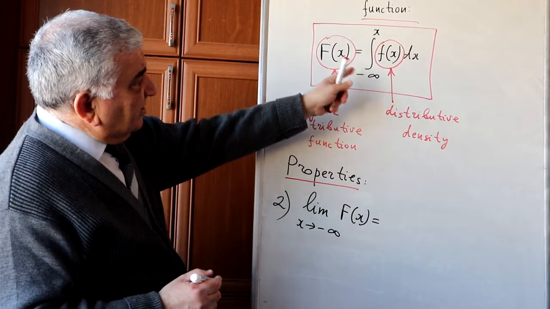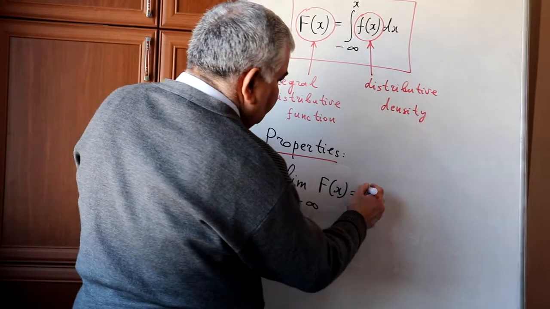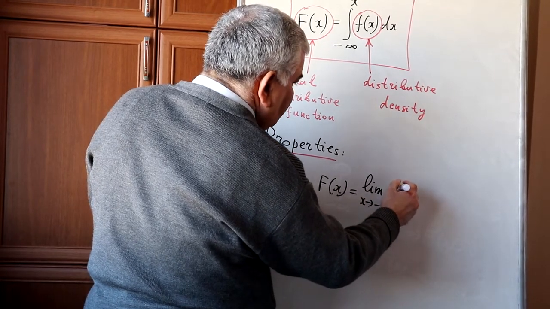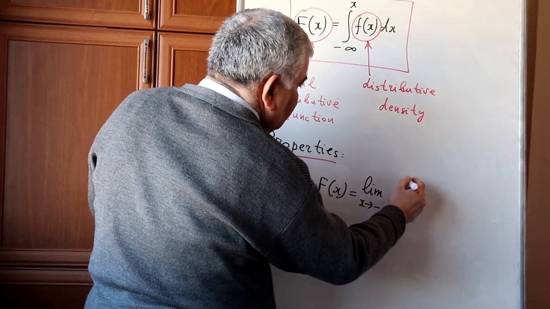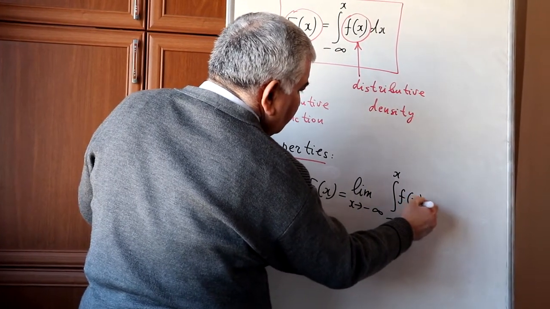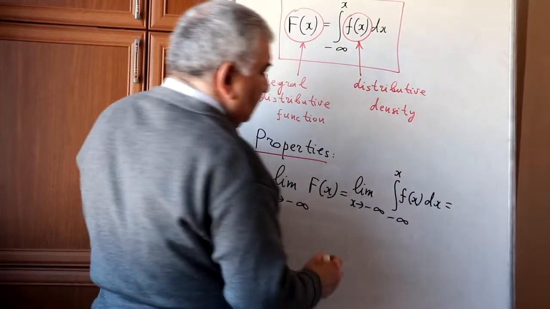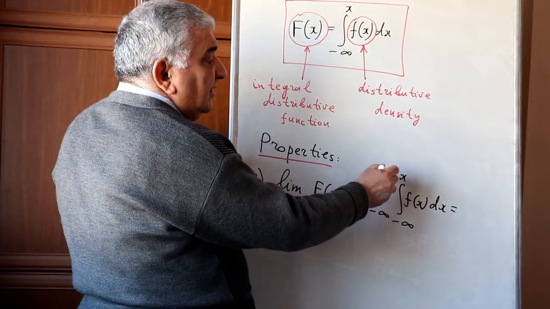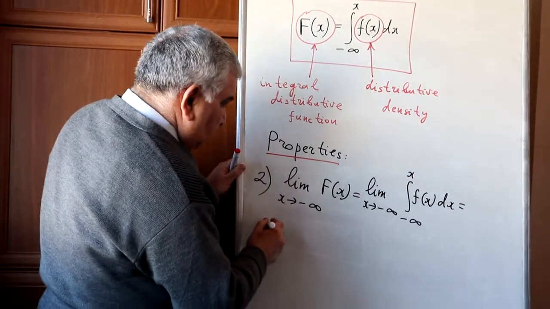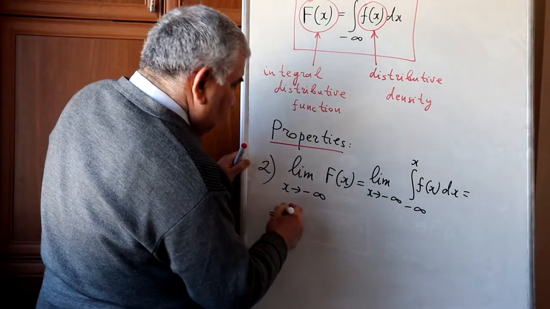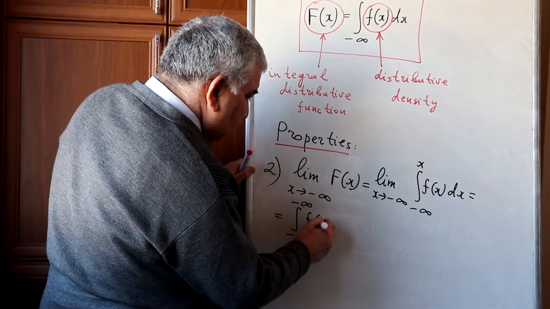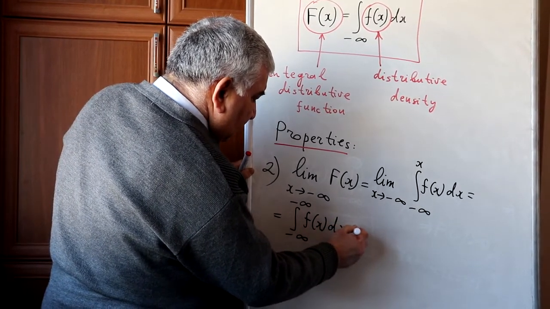Substitute the expression of F capital of x. Limit when x tends to minus infinity, integral from minus infinity to x f of x dx equals, substitute minus infinity instead of x at the upper limit, integral from minus infinity to minus infinity f of x dx.